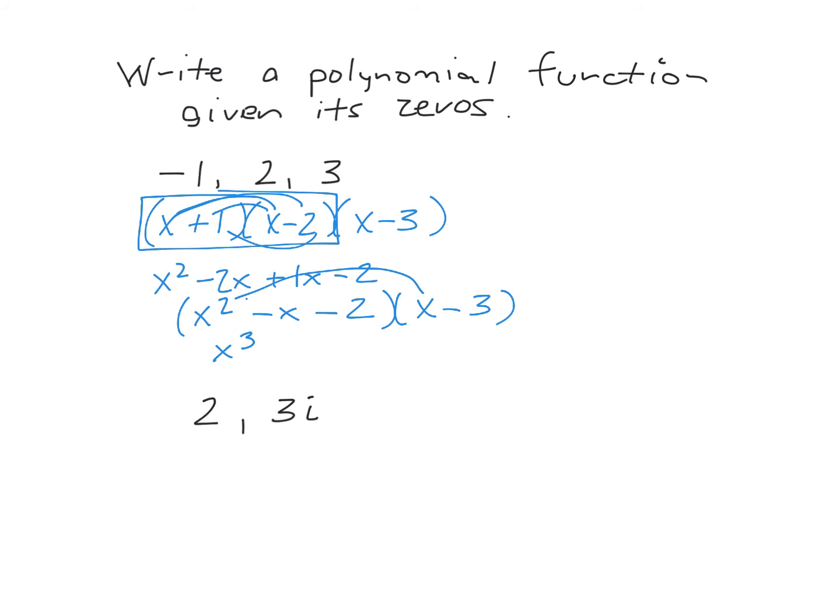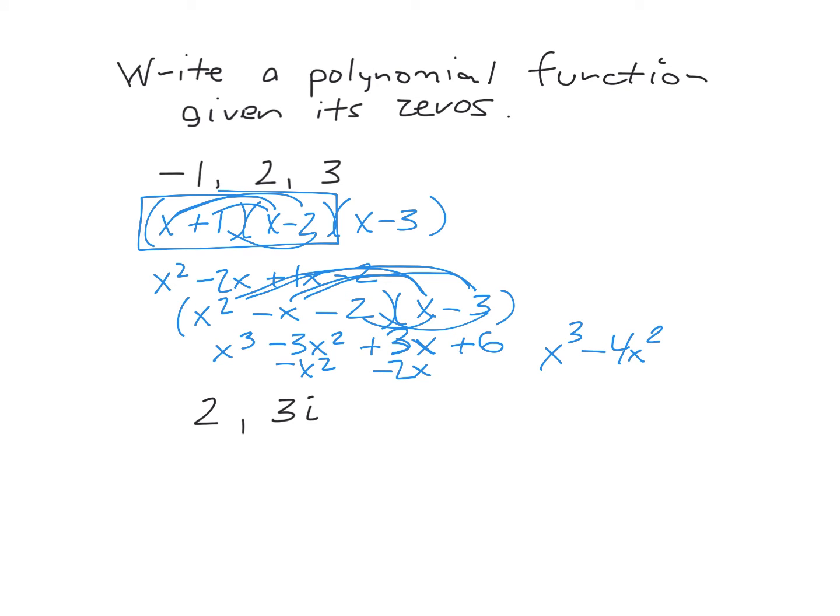I'm going to have x cubed minus 3x squared, negative x squared. I'm going to keep those like terms together. Positive 3x, negative 2x, and a positive 6. And then combining like terms, I'd have x cubed minus 4x squared plus x plus 6. That would be the function or the equation that has those three zeros.